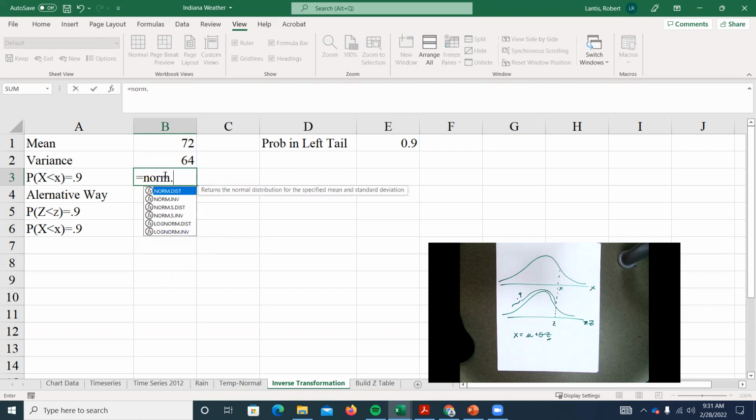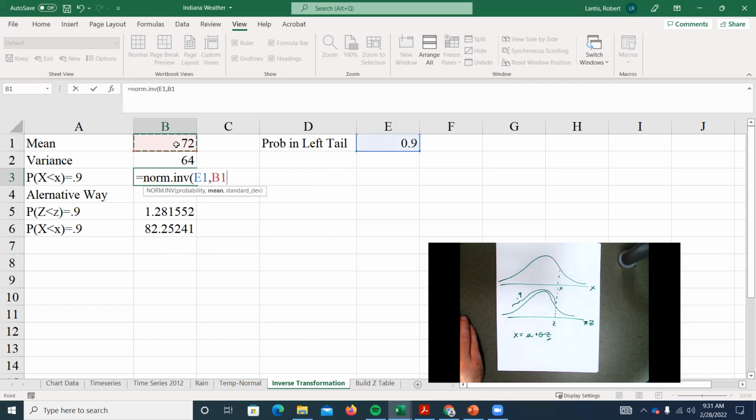If we just use norm.inv, so no s, that tells Excel it's not a standard normal distribution anymore. I'm not giving you z-values. I'm using just a normally distributed variable x. So the probability I'm interested in is up here, it's at 0.9, comma, here's the mean of this normally distributed variable, comma, the standard deviation is the square root of the variance.